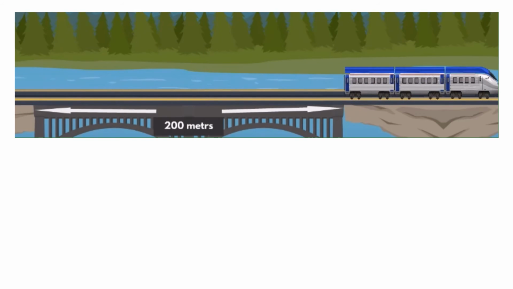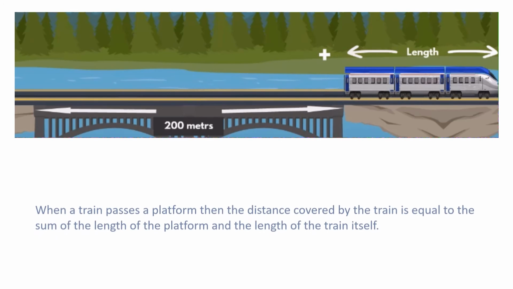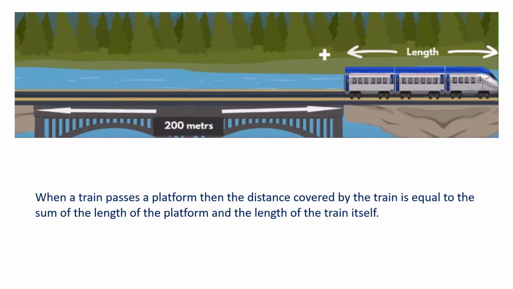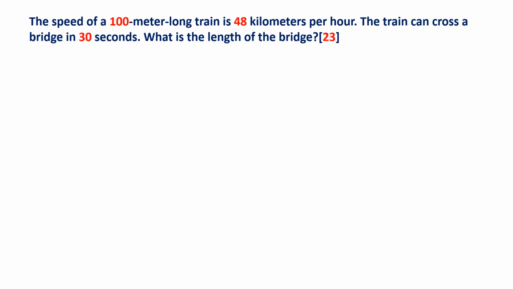As you can see, when the train passes that bridge, it passes its own length plus the length of the bridge, right? When a train passes a platform, the distance covered by the train is equal to the sum of the length of the platform and the length of the train itself, as you can see from that slide. Let us now solve a problem with this criterion.